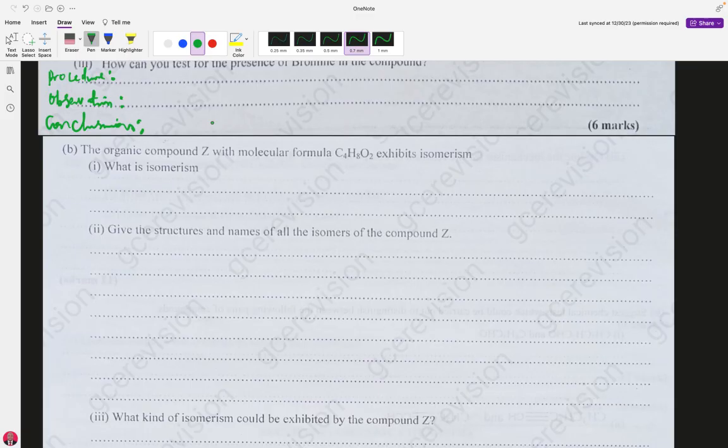Just the same way we stated that our observation is the formation of a cream precipitate of silver bromide, and we concluded that it indicates the presence of bromine in that compound. That's how you are supposed to do it when it has to do with the test for halides.